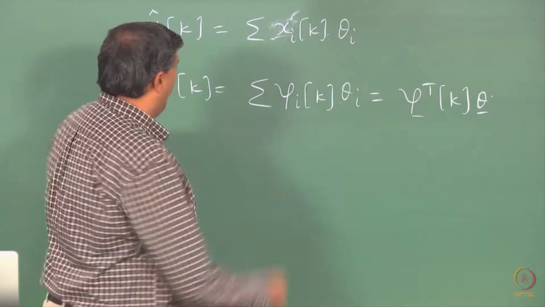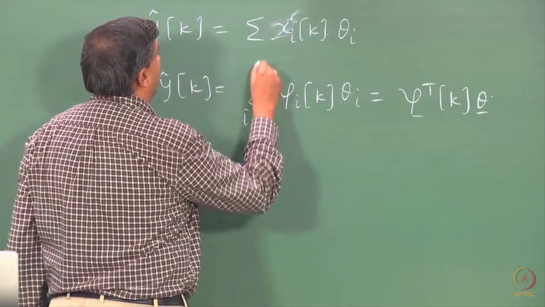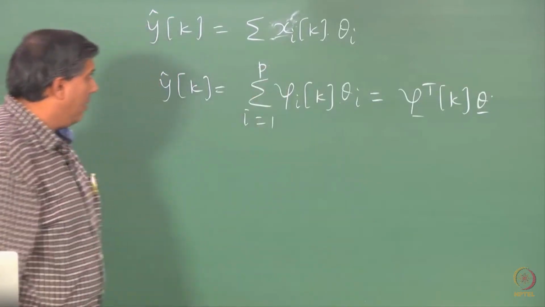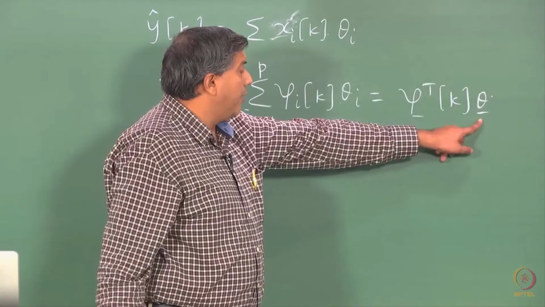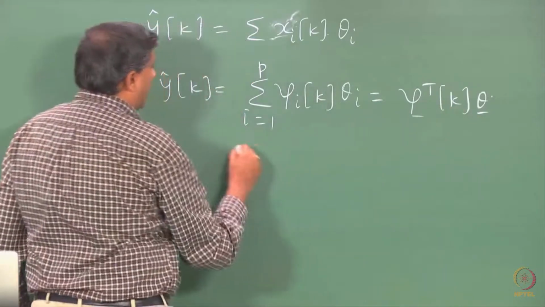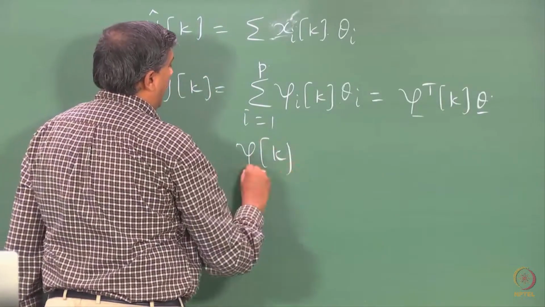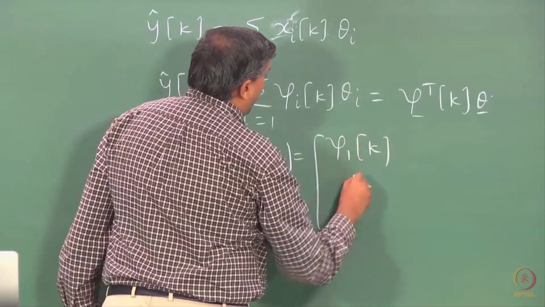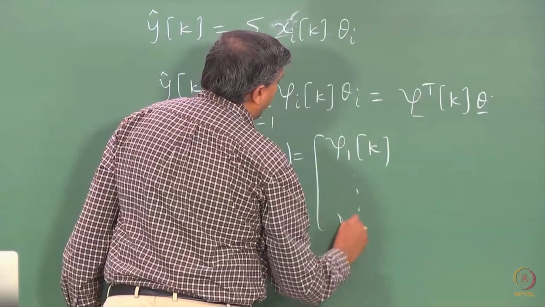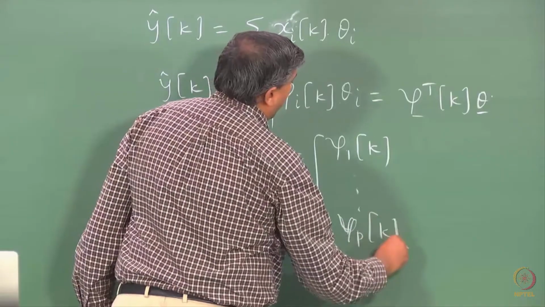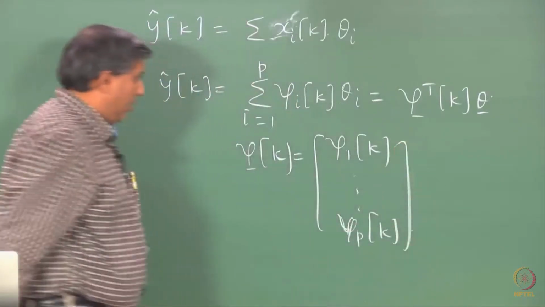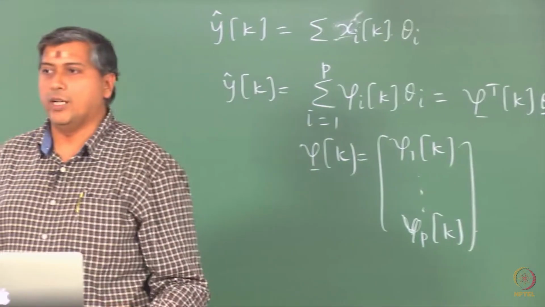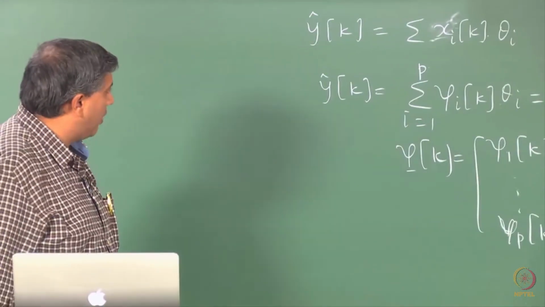Notice that in theta we have p parameters or p regressors. So, theta is a p by 1 vector, and so is this psi k. It is nothing but a collection of these p regressors at the kth instant. By convention, all vectors are column vectors, and therefore, we have a transpose there.